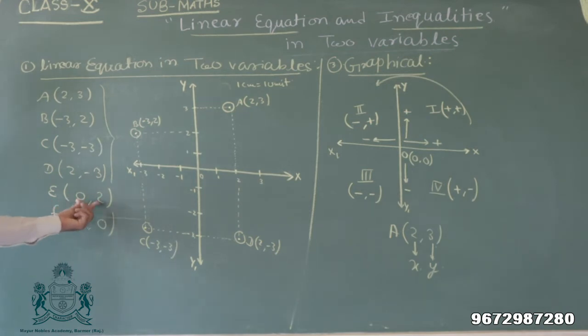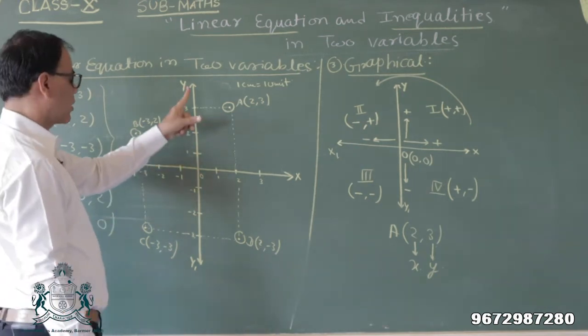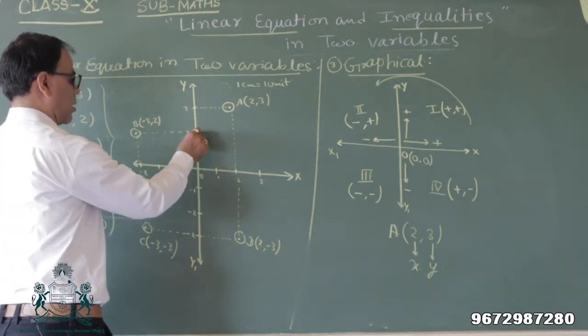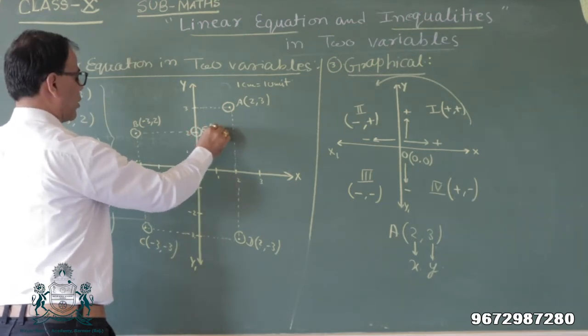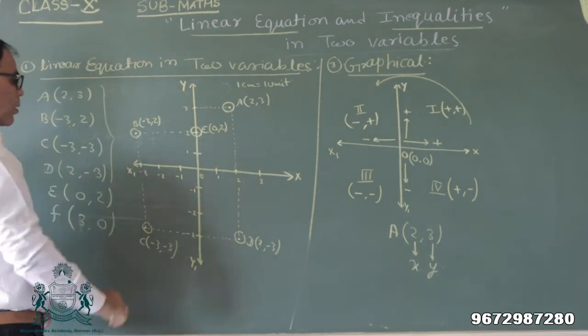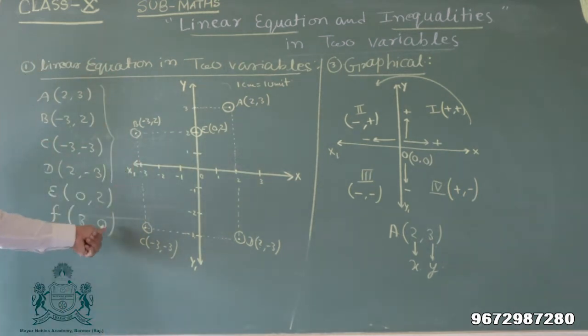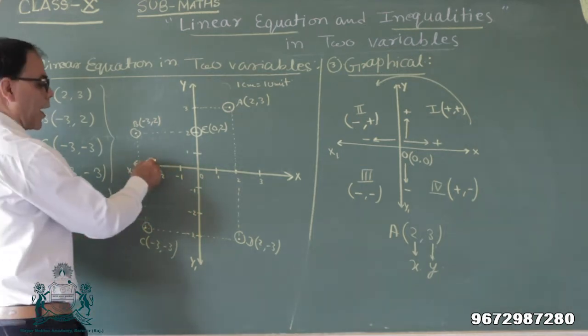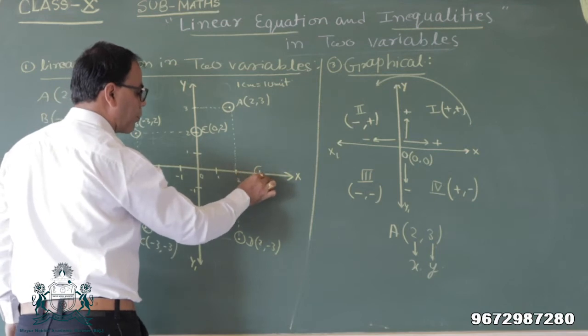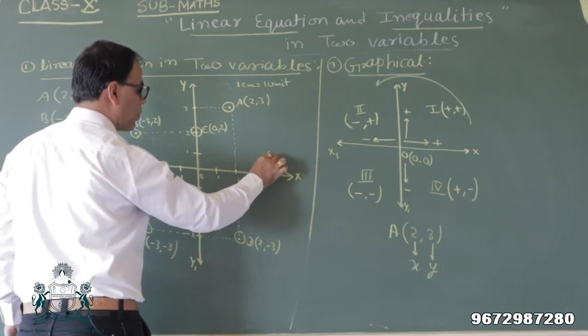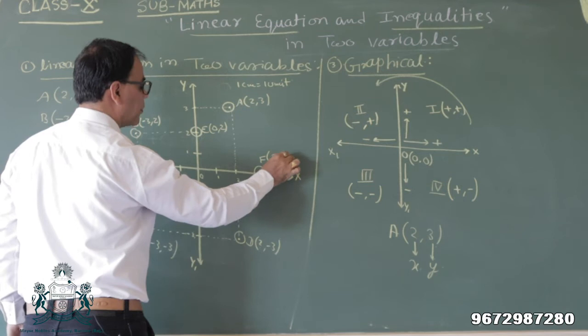Next point 0 and 2: x is 0, y equal to 2, on the y axis, positive number in the upper direction. E point 0 and 2. F point 3 and 0: x equal to 3 and y equal to 0. X equal to 3 on the x axis positive side, and y equal to 0, therefore F point coordinates 3 and 0.